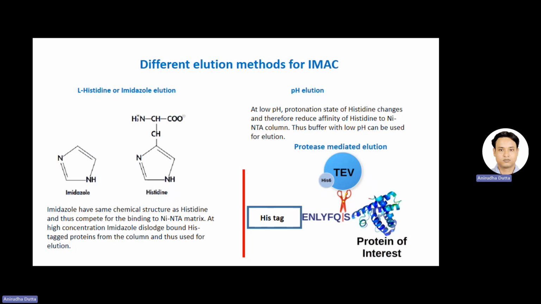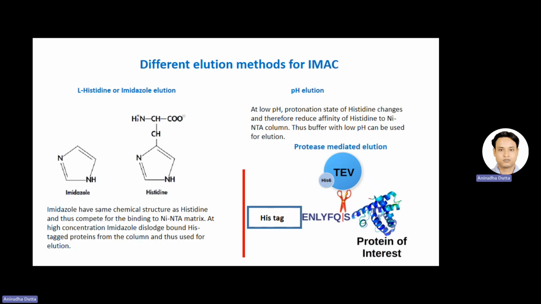It's called pH elution. Histidine residues in the His-tag form coordinate covalent bonds with nickel. To form a coordinate covalent bond, the protonation state of the nitrogen atoms of histidine is really important. If the protonation state changes, and N becomes NH+ or something, then it won't be able to form a coordinate covalent bond.